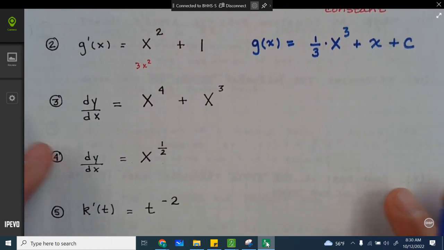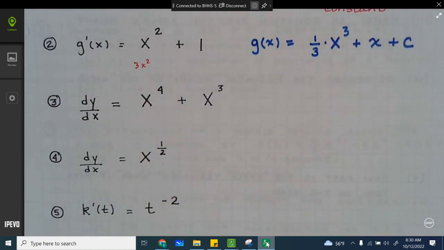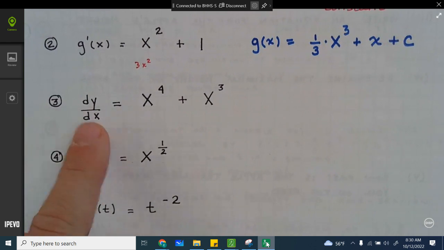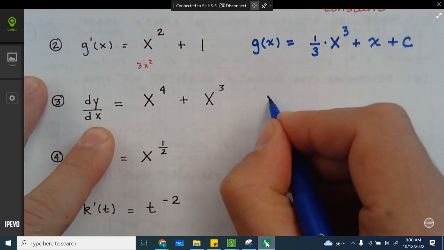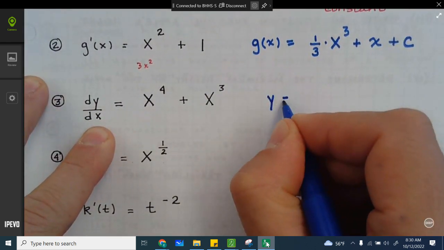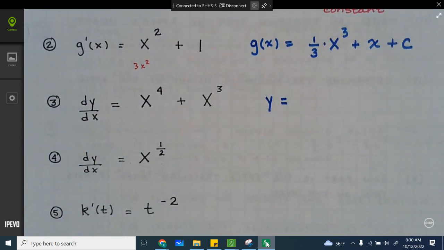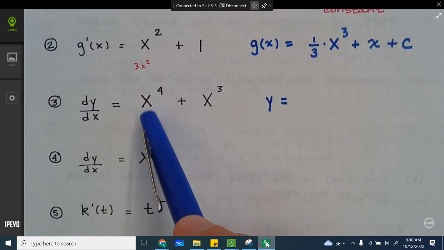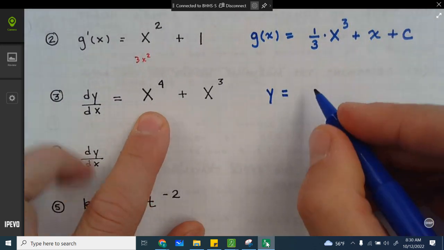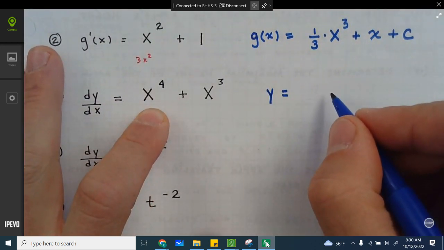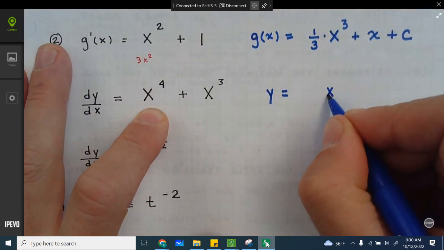I'm going to call on you guys just a little bit as we move into number 3. This one says dy/dx, so we would write the original function as y. Ava, would you be willing to give us a hand with this one? It says x to the 4th. What do we know the degree is going to be on the original function? Okay.